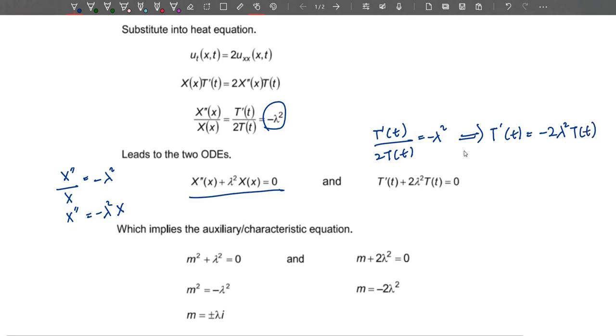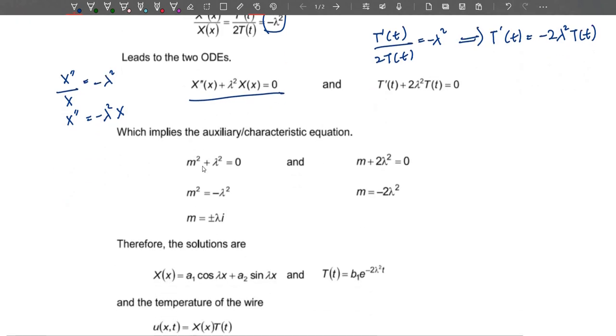We bring this term to the right, it will be this one, which implies the auxiliary and characteristic equation, where we substitute X'' equal to m squared. m squared plus lambda squared, and we have here m equal to plus minus lambda i. Why lambda i? Because this is imaginary actually, i represents the imaginary part. So here m plus 2 lambda squared equal to 0, where m is equal to negative 2 lambda squared.